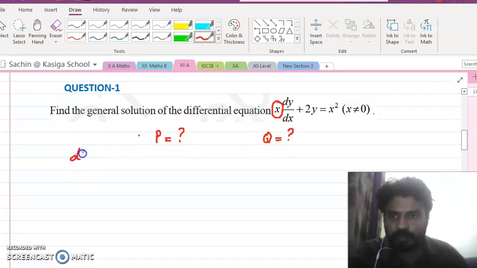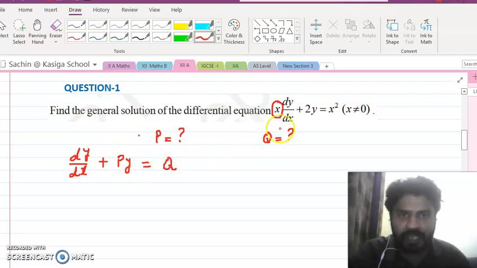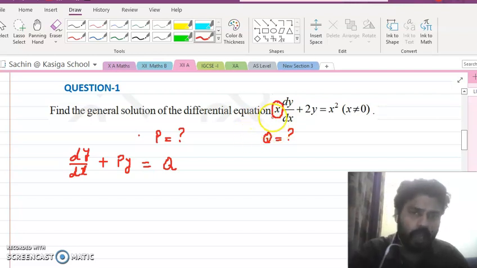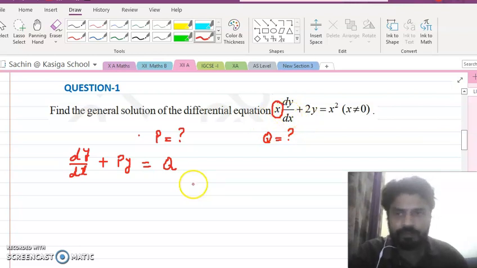So your LDE, linear differential equation, should be in this form, dy upon dx plus py is equal to q. The obstacle is this x. If we remove this x, your equation would be a linear differential equation. So I divide the entire differential equation by x.